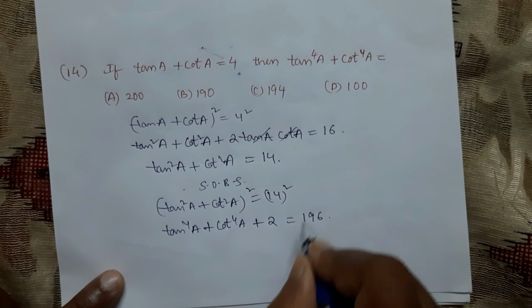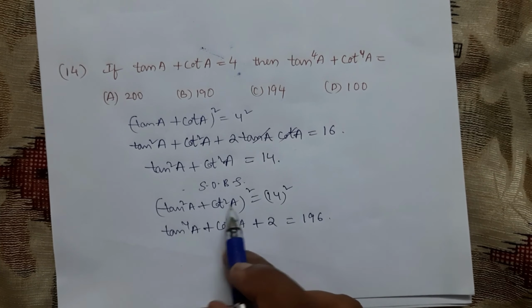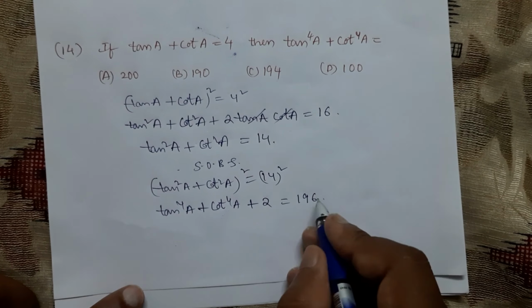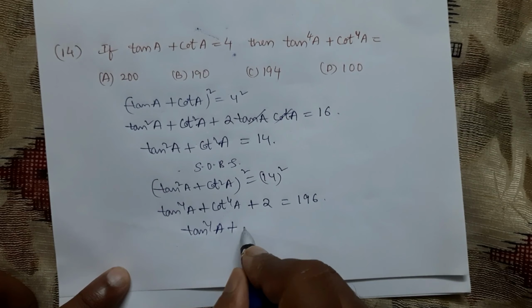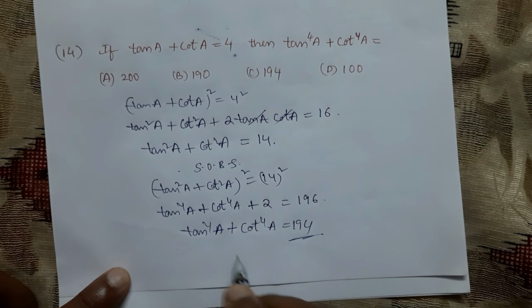I think you have understood why: here also you get 2 into tan square a into cot square a, which cancels and you get 2 only. So 14 square is 196, therefore tan power 4a plus cot power 4a is equal to 194.